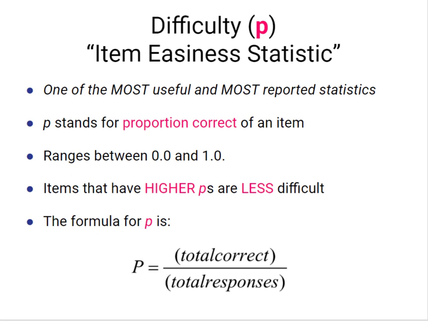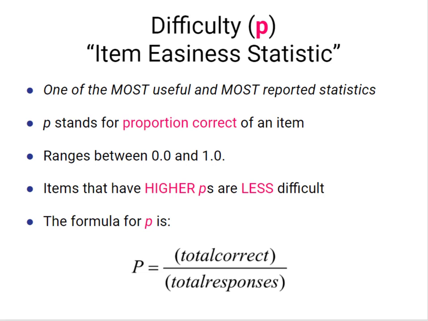So let's start with the difficulty calculation first. And I always feel like the word difficulty is sort of a bad name for this calculation. I like to call it the item easiness statistic. It's one of the most reported statistics. It's very easy to use. It's basically looking for what proportion of your class of test takers got the item correct.